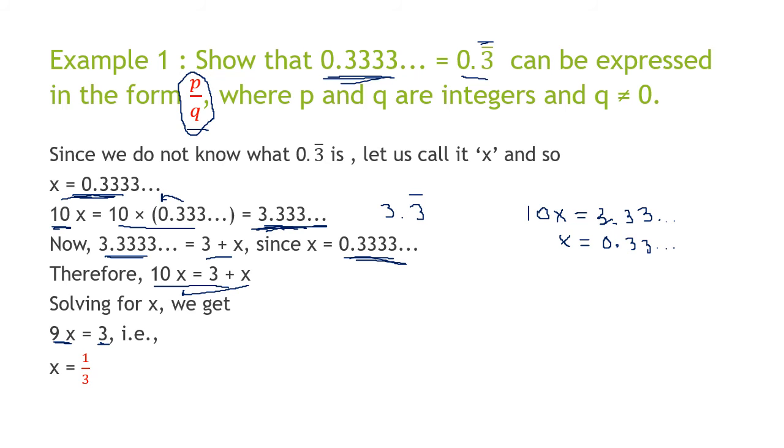Okay. So again, x was what? x was 0.3333. Multiplying by 10, I got 10x equal to this. Now, if I subtract, this is the other way of doing the sum. We had x here, we found 10x here, I have written an x below. Now I subtract. When I subtract, what is 10x minus x? It is 9x.